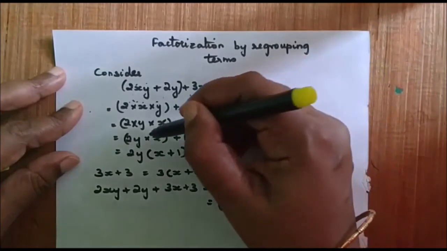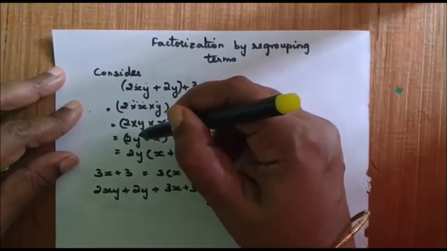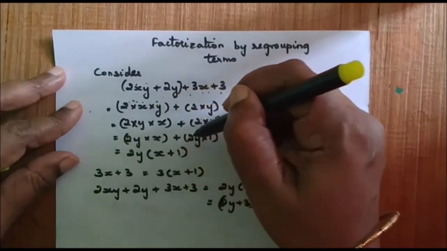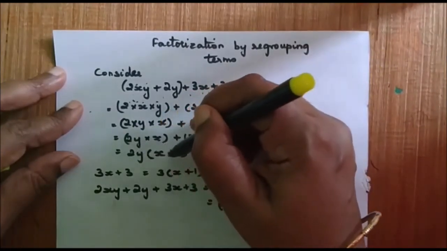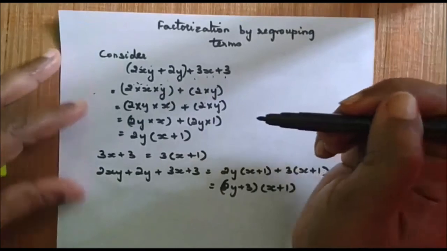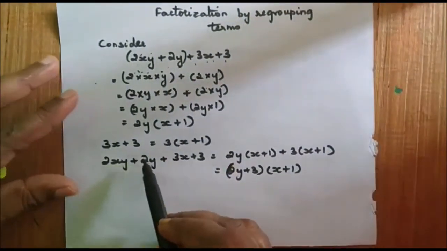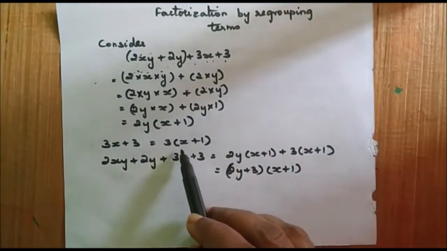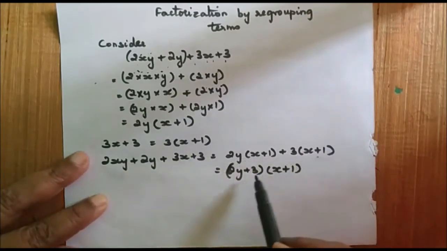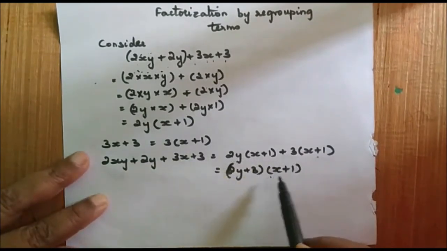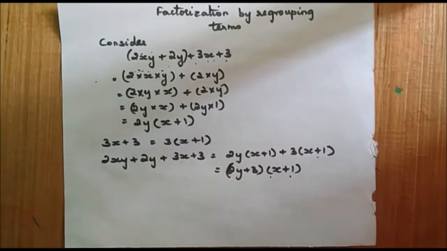I take my 2y outside. So it becomes 2y into x plus 1. Similarly for 3x plus 3, you can write it as 3 into x plus 1. So 2y plus 3 into x plus 1 is how we get when we do factorization by regrouping terms.